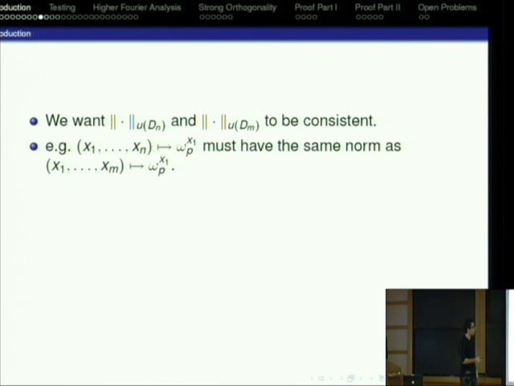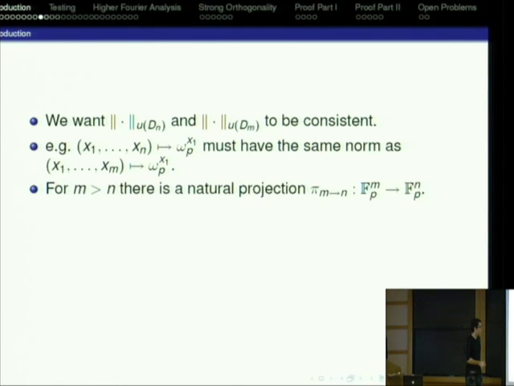If you take this function from F_p^n to C, which takes this vector and maps it to omega_p^{x_1}, we want it to have the same norm as this function treated as a function from F_p^m to C. So we just treat it as a single function when computing its norm. We want to forget in which domain it is stated.